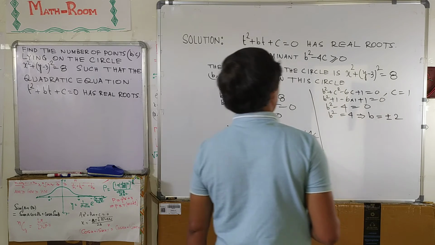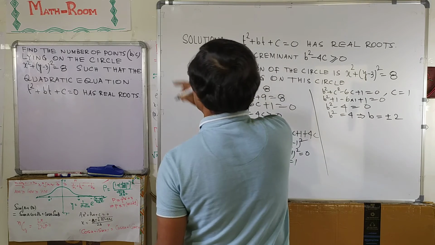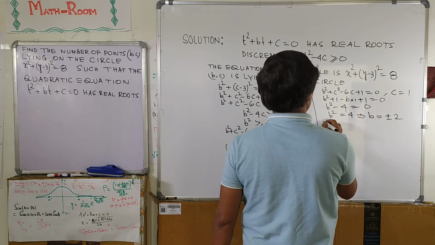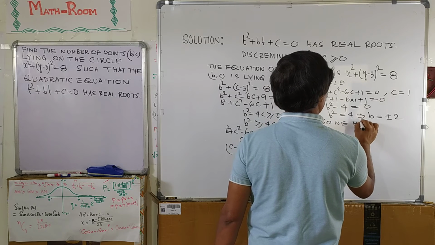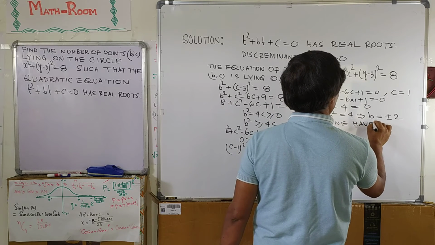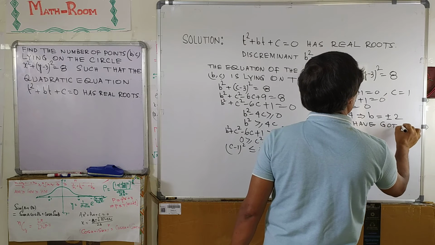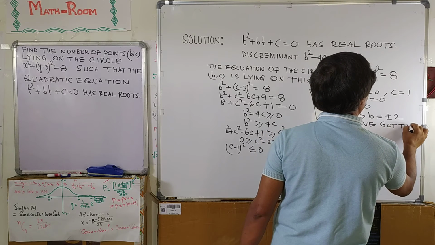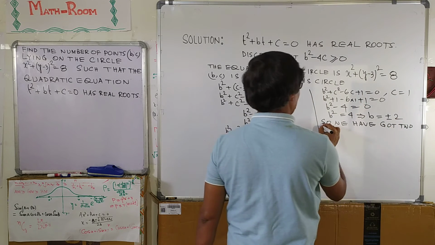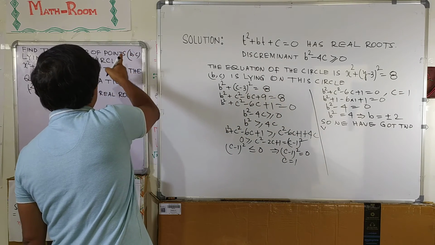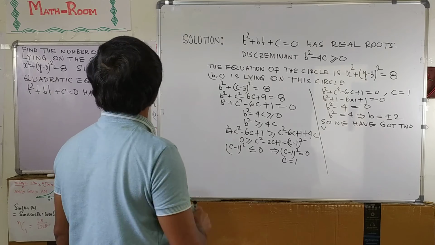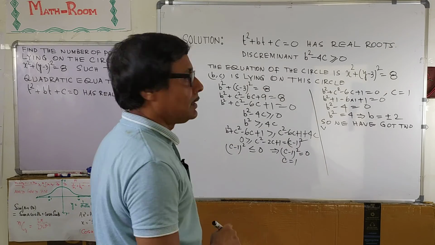So we have got two values of (b, c), that is, the number of points (b, c) lying on the circle is 2.